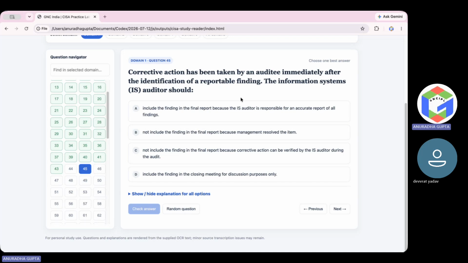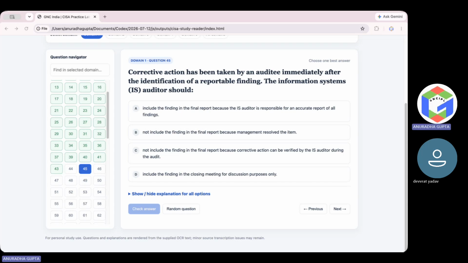So the question is: corrective action has been taken by an auditee immediately after the identification of the reportable finding. The information system auditor should include the finding in the final report because the IS auditor is responsible for an accurate report of all findings.